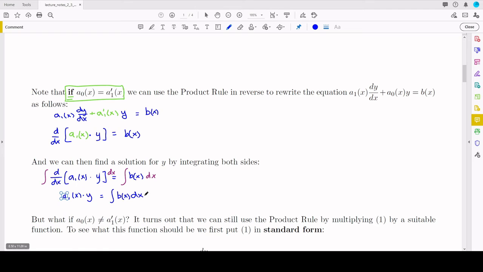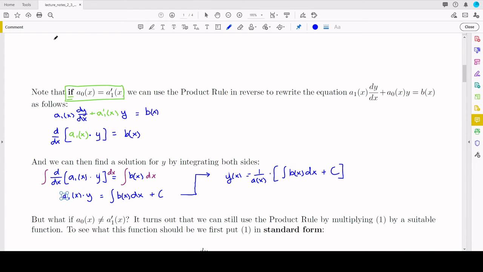Now, of course, when we do this, we introduce a constant of integration. We'll just bring that to the other side. And if we want to get y by itself, we then get y of x is 1 over a1 of x times the integral of b of x dx plus a constant of integration.